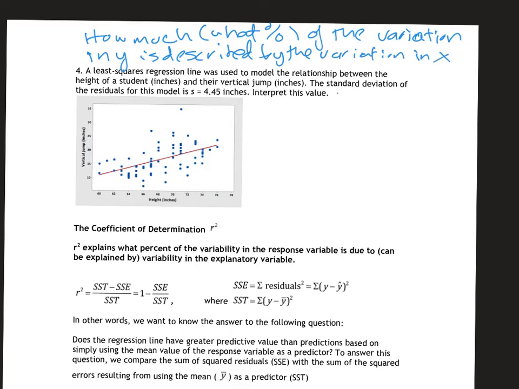Or in other words, described by the line. So that's what we're trying to figure out.